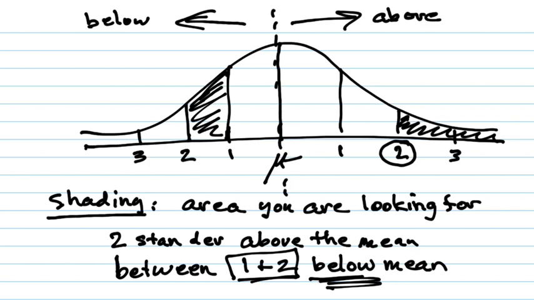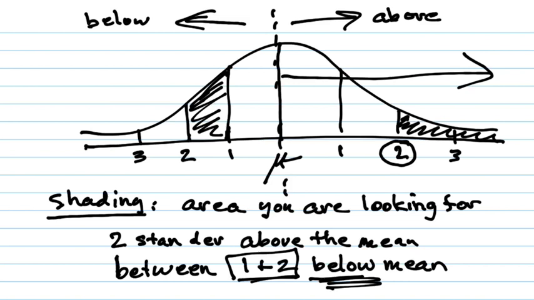Right? If you know the area you're looking for, then it makes your life much easier. Because when you're reading the information from the chart, it only gives you information in that direction. Which means you can infer the same information for this other side because they're a mirror image, right?